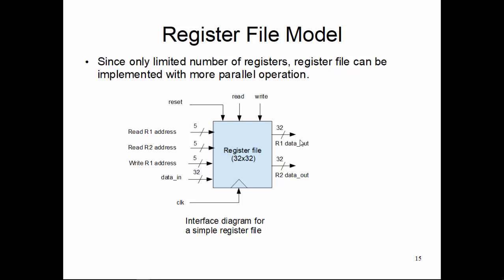Later in the semester we'll also see that we configure this to have parallel write as well, right? We can read from this register file simultaneously while we are writing back a result into the register file.